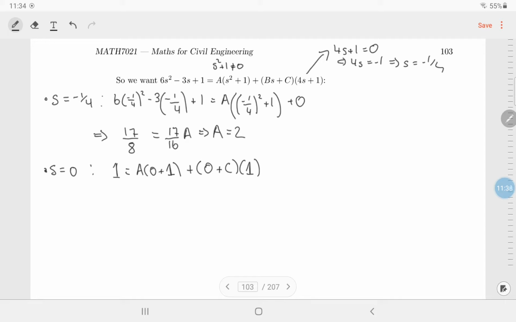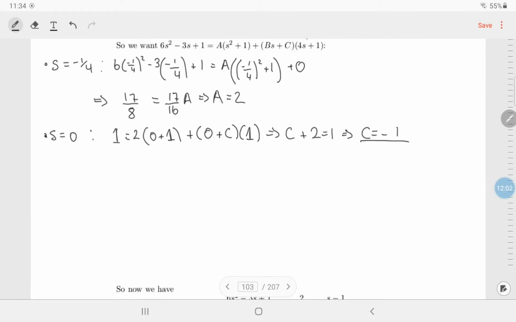And of course, we know what a is equal to. We've just found that a is equal to 2. So I end up writing on the left hand side 0, plus c by 1 is c, plus 2 is equal to 1. So we take away the 2 from both sides and we get c is equal to minus 1. So we got 2 of them.